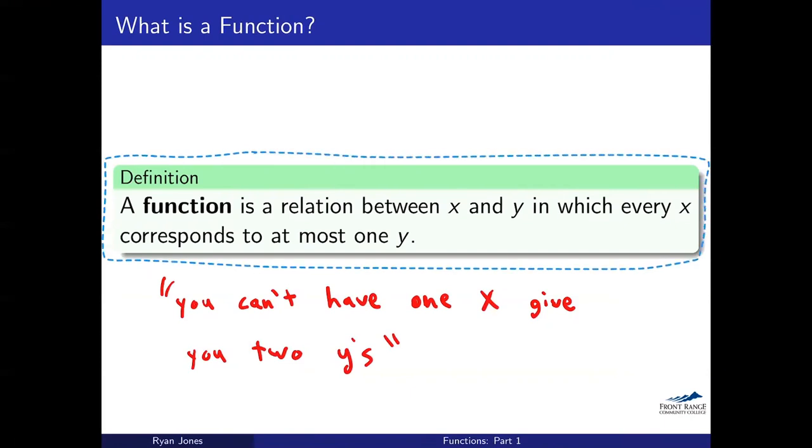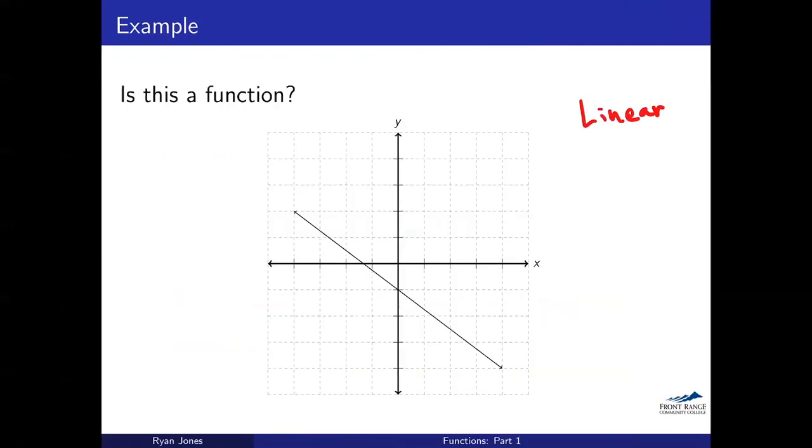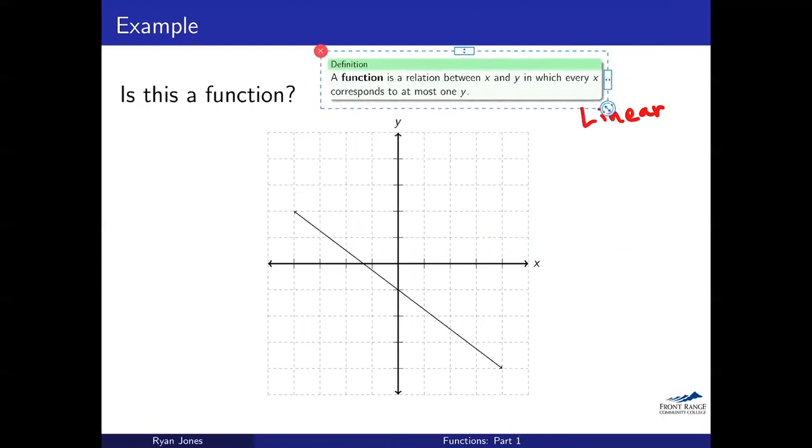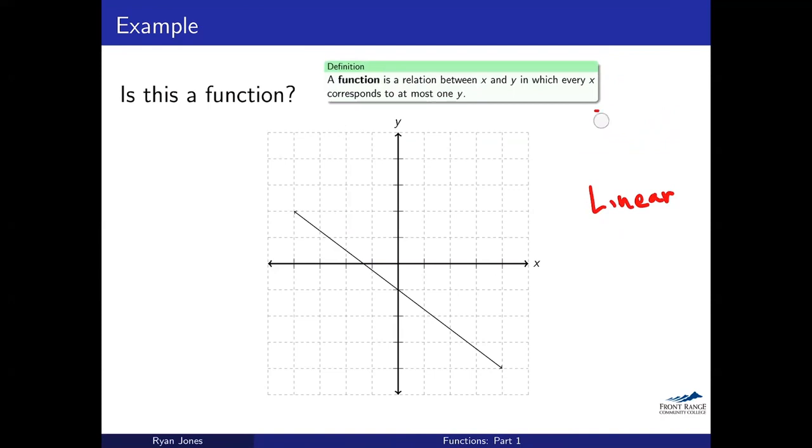We're going to keep coming back to it over and over. A function is a relationship between x and y in which every x corresponds to at most one y. So let's start doing this.